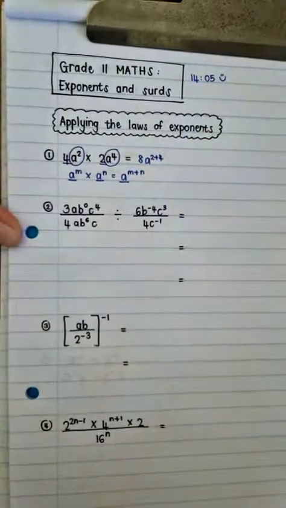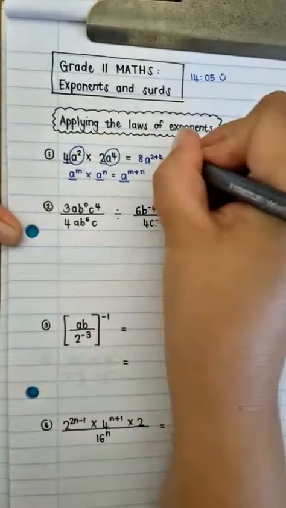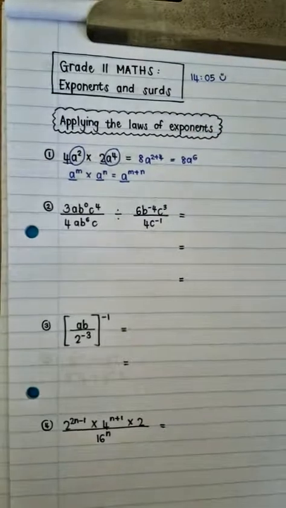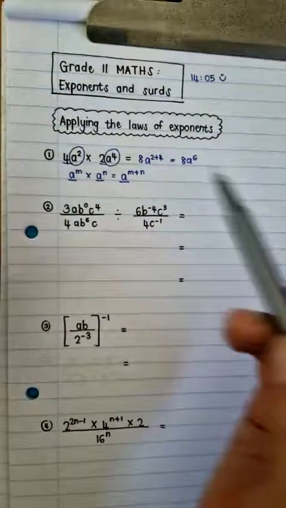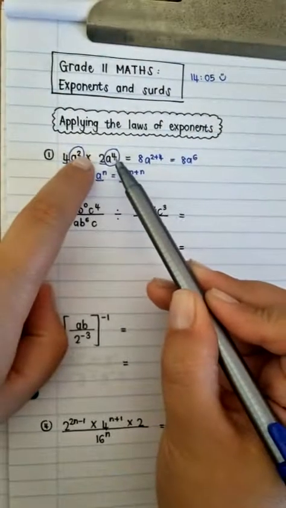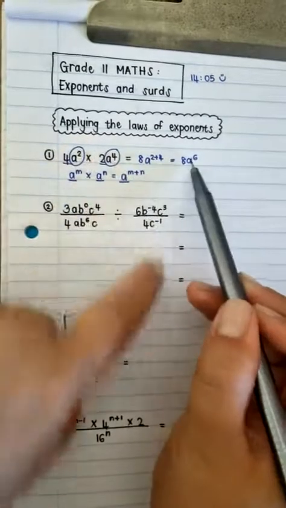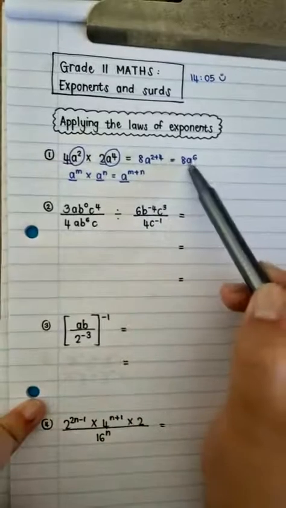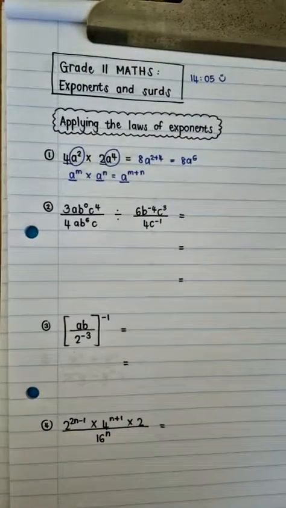You can if that will help, but you don't have to. So there we have 8a to the power of 6, because 2 plus 4 is 6. Guys, you do not multiply these exponents, you add them, and we notice that our base stays the same. We started with bases of a, and we are ending with a base of a as well. That is the answer over there.